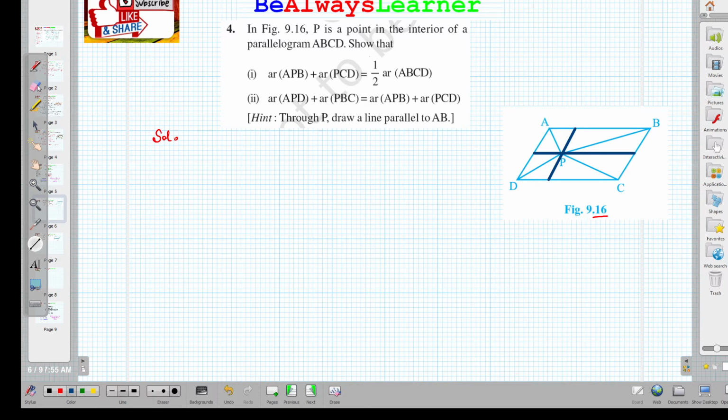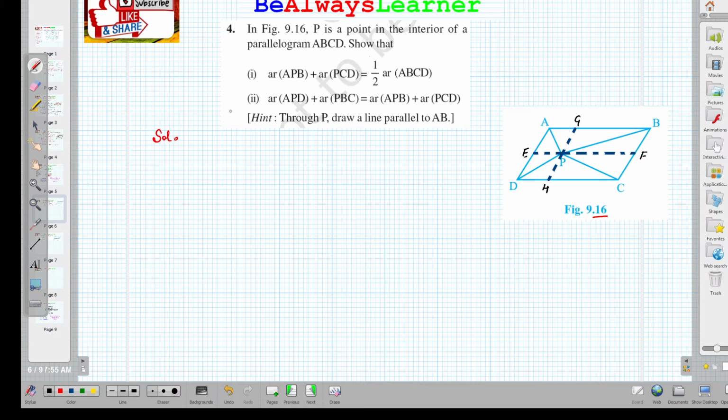So we can make it dotted line so that you can understand this is only to prove the side. So this point we are going to assume E, F, right, and this we are going to have G, right. So these are the points.